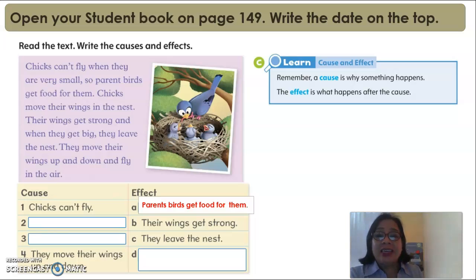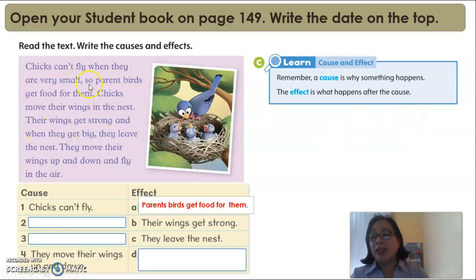Remember, the date is Monday, May 25th, 2020. In the first part, you will read the text and write the causes and effects. And you have information about that. It says, remember, a cause is why something happens, and the effect is what happens after the cause.